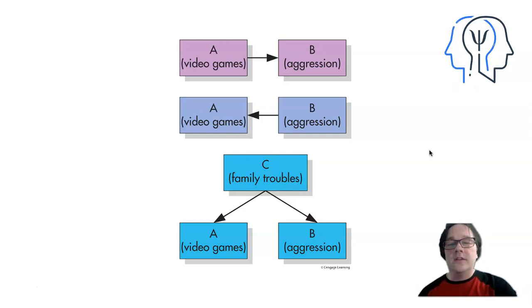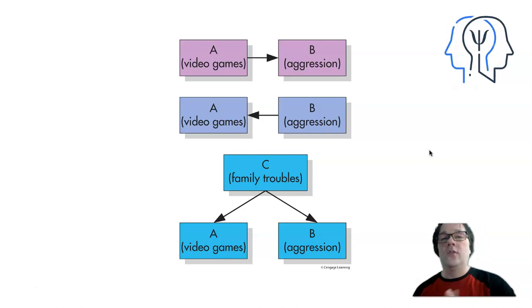So if we did a correlational study on whether playing violent video games leads to aggression, we can't say yes it does or no it doesn't based on a correlational study, right? If there's zero correlation there, then we could probably safely say that it doesn't lead to aggression.